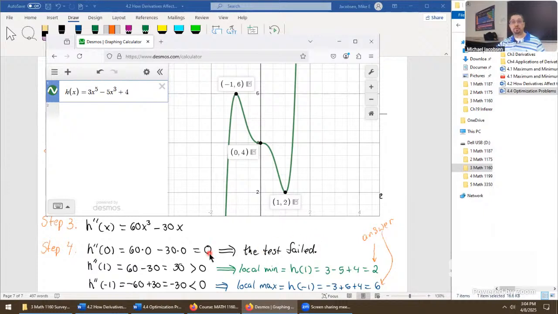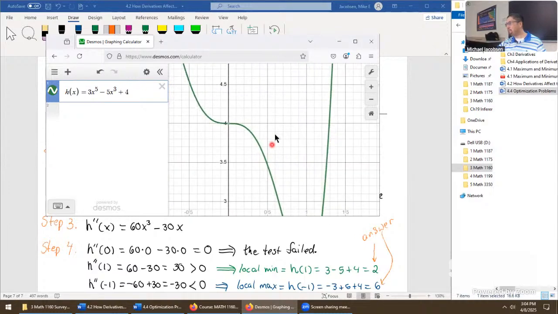But right at critical number 0, that's where the test has failed. At critical number -1, we said local maximum at height 6. That's exactly what the graph is providing. Critical number -1 gives a max at height 6 to the original function. Likewise, critical number +1 gave a local minimum at height 2. So that's that 2 there.